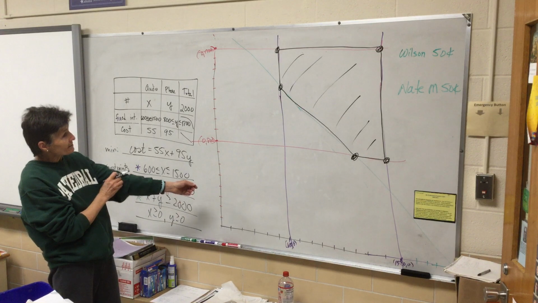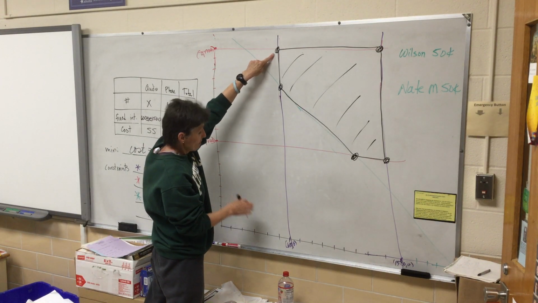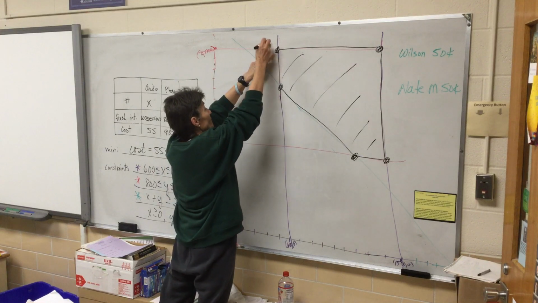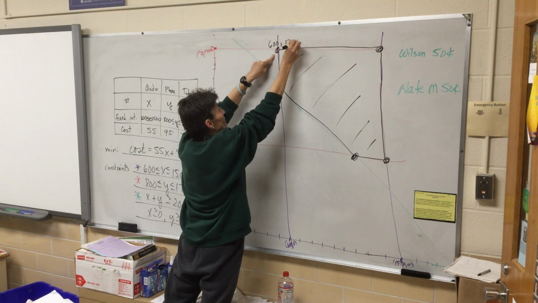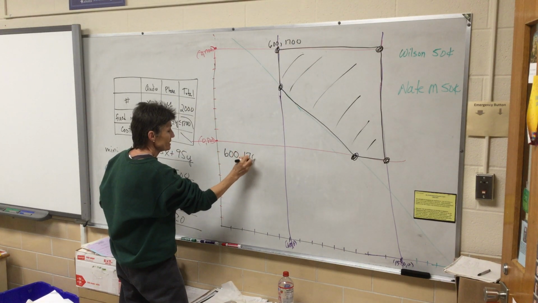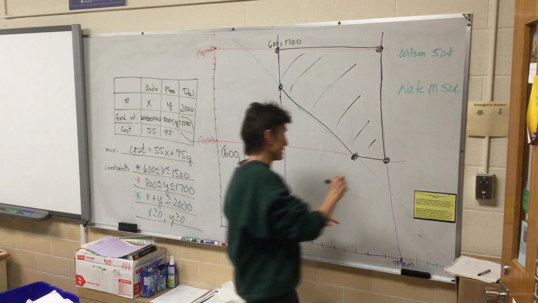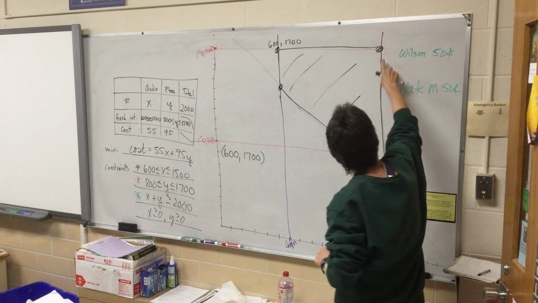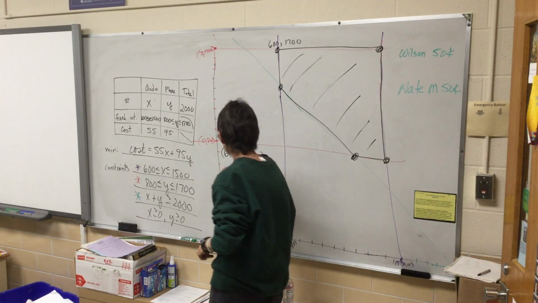So let's talk about some of these points. This one up here is an easy one. Purple is 600 and red is 1700. So one of my points is going to be 600, 1700. This one is also easy. This one is 1500, 1700.